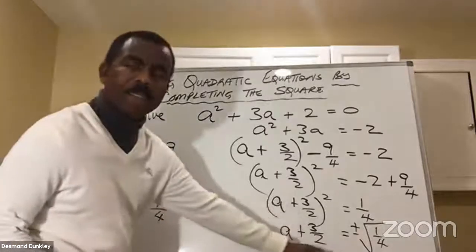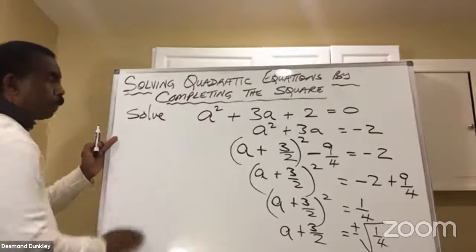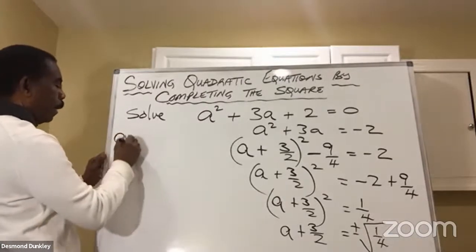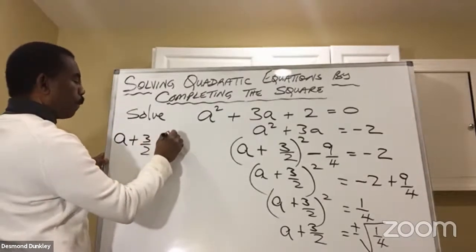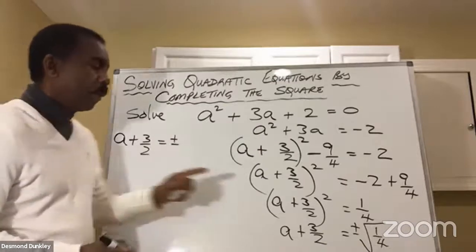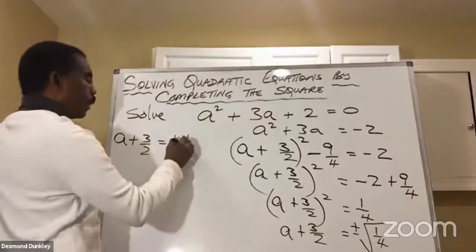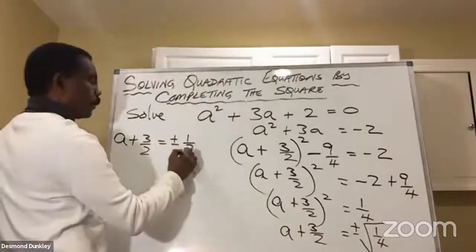I'm going to take this and finish it right here. Now we have a plus 3/2 equal to plus or minus. What is the square root of 1? The answer is 1. What is the square root of 4? The answer is 2.